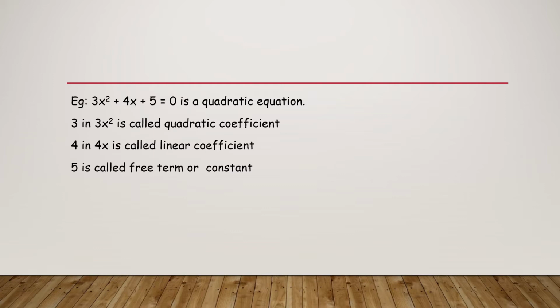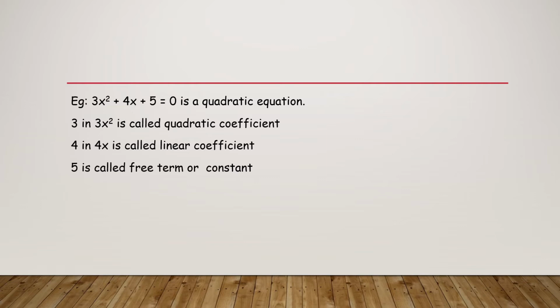To call an equation a quadratic equation, there is one more condition: the constant a should not be equal to 0. If a becomes 0, the term x² will also become 0. Then the equation is automatically converted into a linear equation, and it cannot be called a quadratic equation.